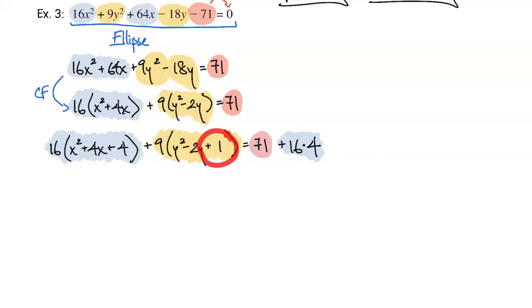So this +1, yeah, I added 1, but I really added 9 ones. So on the right-hand side, I also have to balance out the changes that I made.